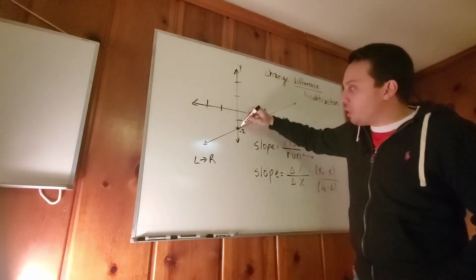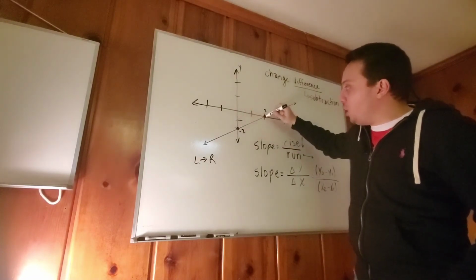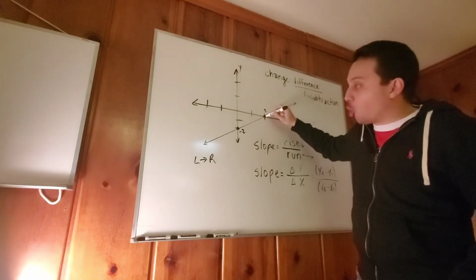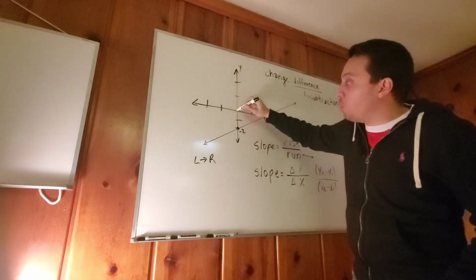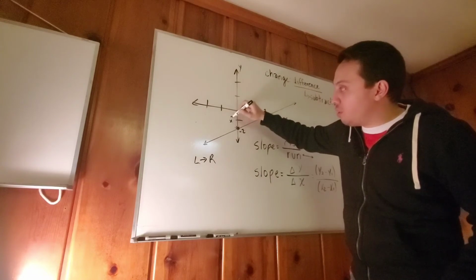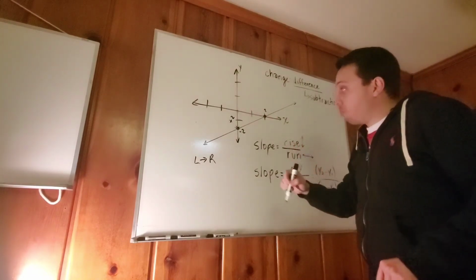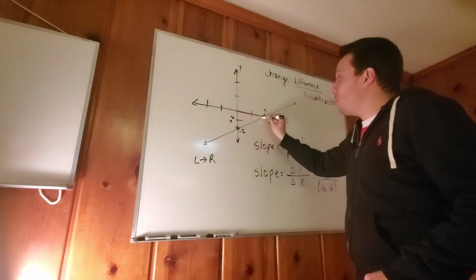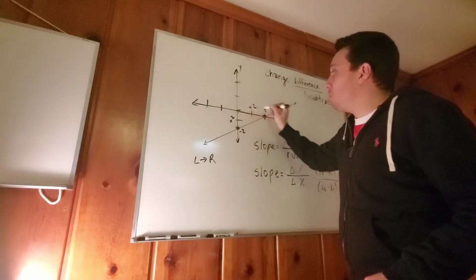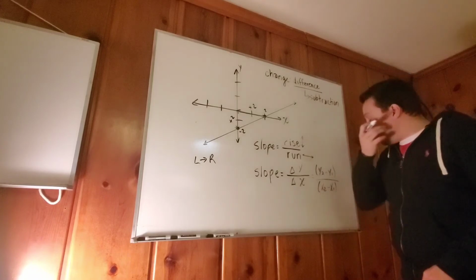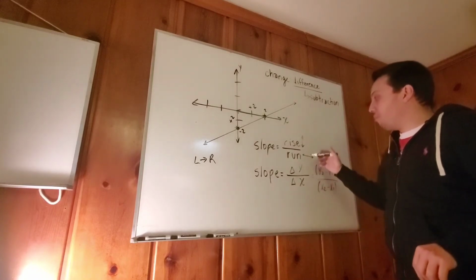It is different because from here, it went to here, okay? But in y terms, it went up 2, right? +2. And then it moved to the right 2, right? So the rise over run is supposed to be 2 over 2.